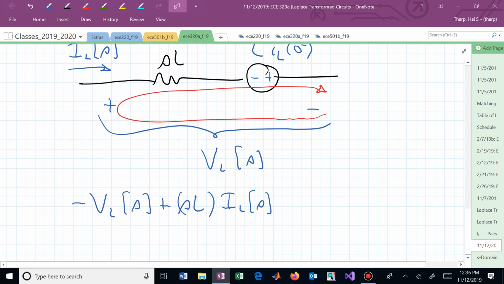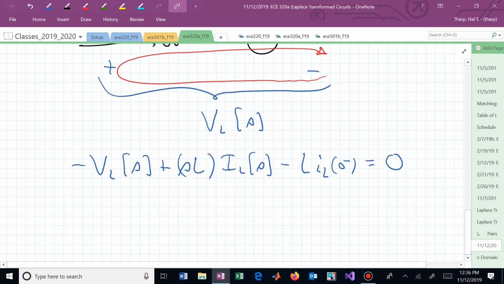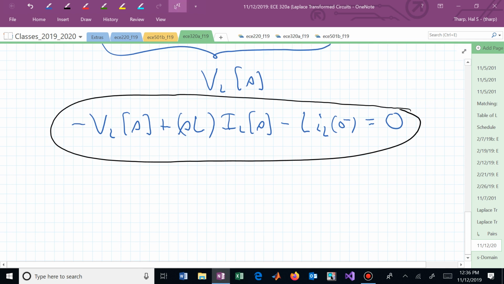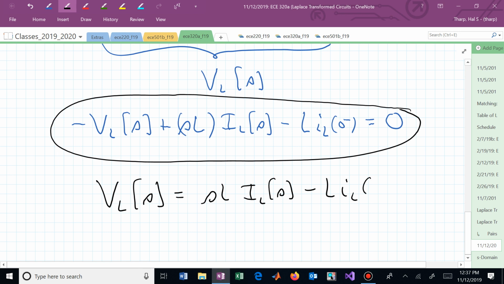We now need a minus L I sub L of 0 minus equaling 0, and this gives us the same expression for V sub L of S as we obtained by Laplace transforming both sides. We now know that V sub L of S is SL I sub L minus L I sub L of 0 minus.